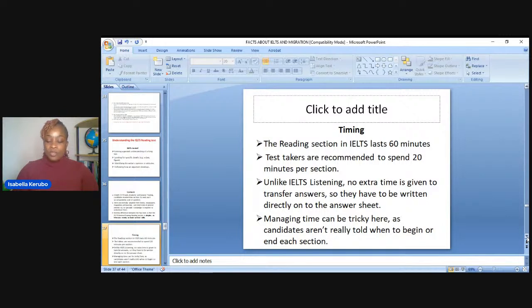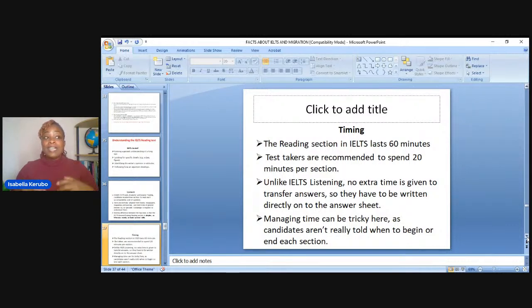It doesn't mean that you cannot write on the question paper. Just like in the IELTS listening, you can write whatever you feel is going to help you trace your answers fast on the question paper. You can write as much as you want. You can check for the clues, note them, mark and underline, as long as it is going to help you trace the answers.